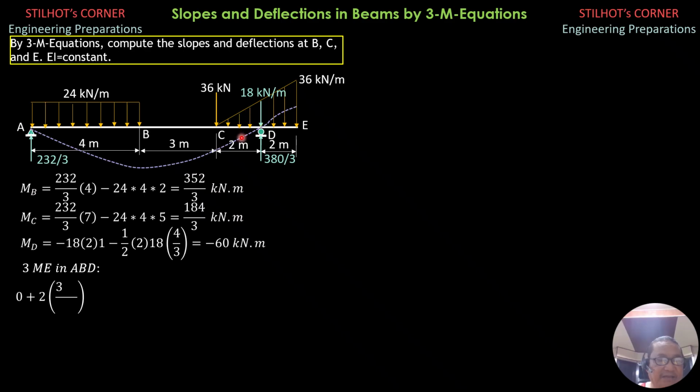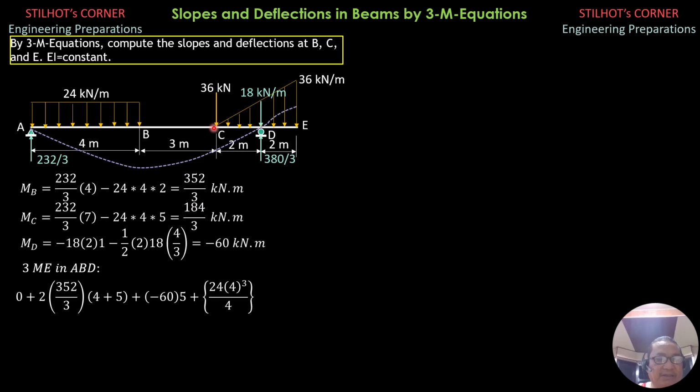Let's have the intensity W. So 0 plus 2 times moment at B, which is 352 over 3, quantity 4, span AB is 4, span BD is 5, so 4 plus 5, plus moment at D negative 60 times 5, plus W 24 times 4 cubed over 4, plus 6 area 2B over L2, which consists of this 36 kilonewton load and this triangular loading.